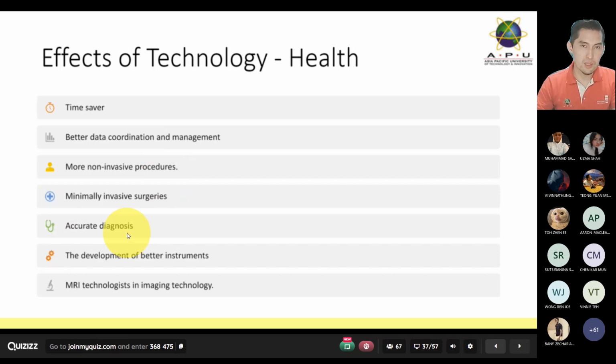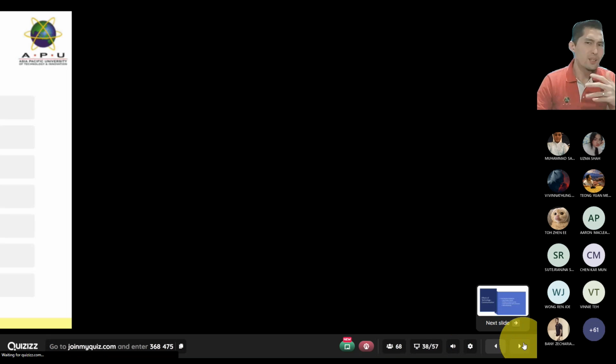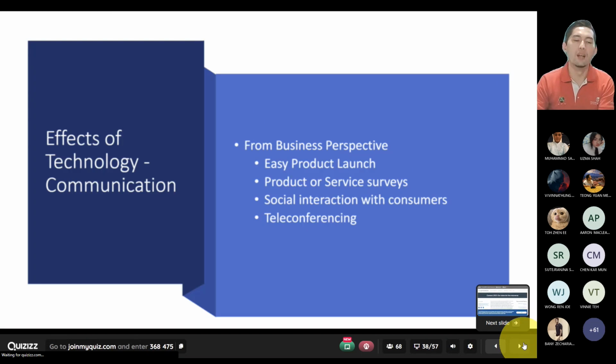A much more accurate diagnosis, right? Biotechnology, as we have discussed before, has allowed for this to happen much better. There are much better instruments today. MRI technologies are gaining so much more insight rather than opening you up physically to find out what's going on inside. And all those can be done prior to a surgery happening. Yeah, so health is also, again, quite straightforward.